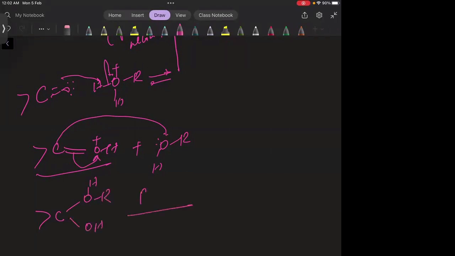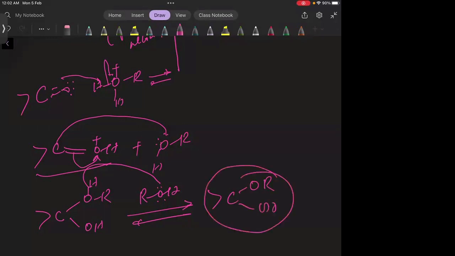Now, students, when we take the second mole of ROH, what will happen? Here the lone pair of alcohol will attract this proton and completely form OR and OH. This is the hemiacetal formation. So did you understand why we have taken the ROH, and when we take the excess of ROH, how the hemiacetal will form?